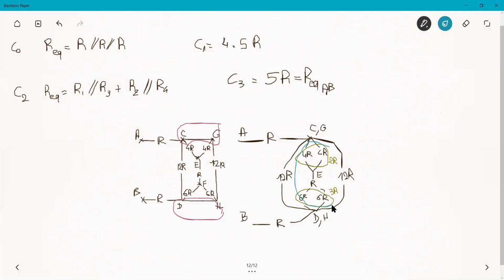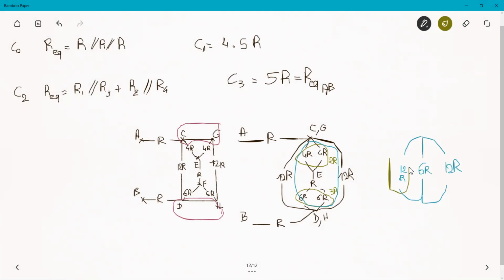These three resistors are now in series in this branch. This new branch is 2R plus 3R plus R, which makes 6R. So you have 6R, 12R, and 12R, all starting from the same point and arriving at the same point, which means that these three resistors are now in parallel.